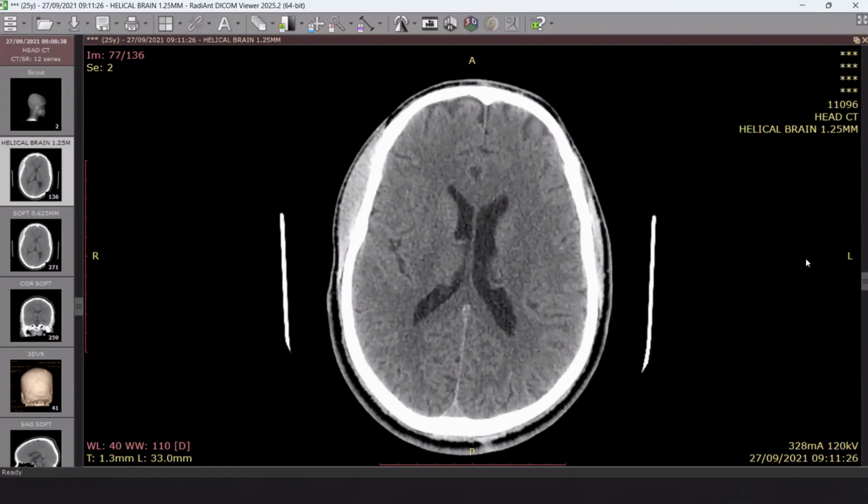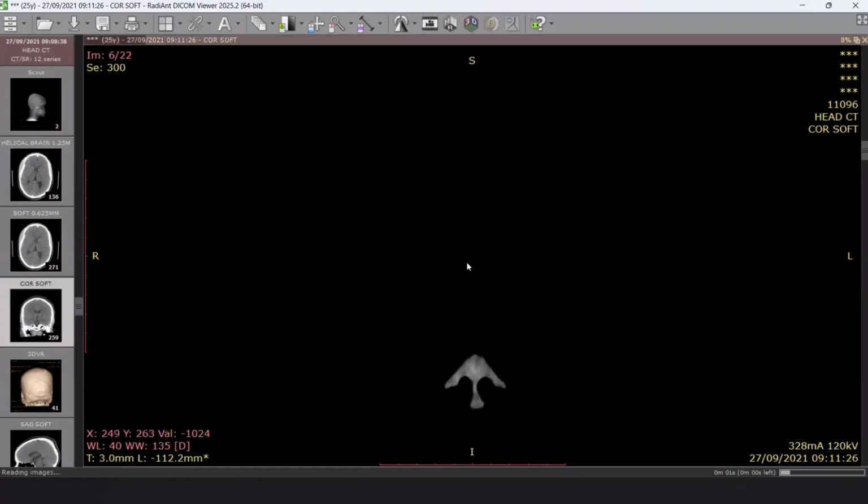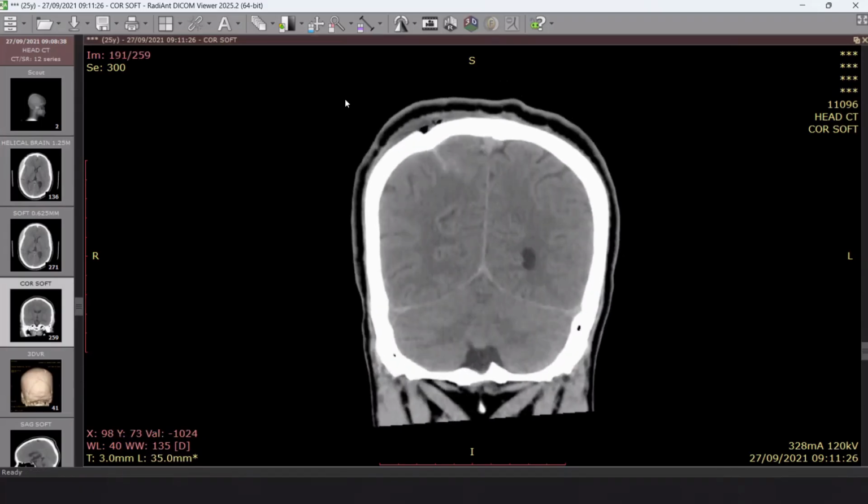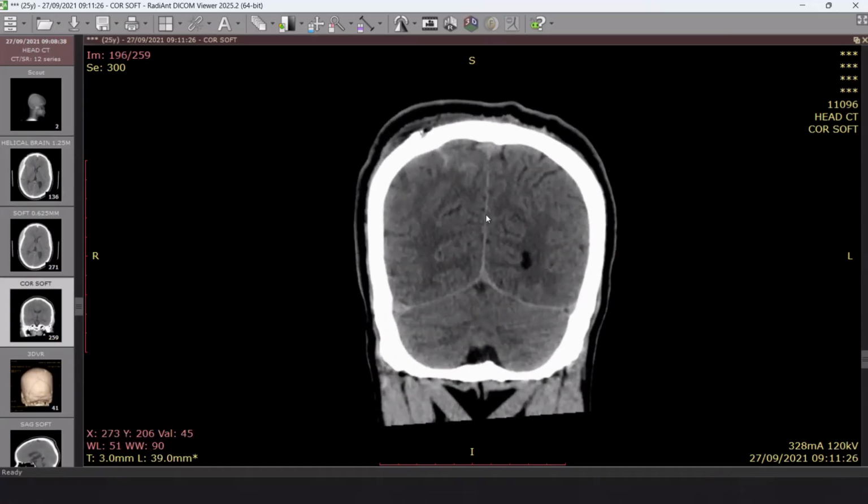Just I would like to show you the coronal. This is a coronal plane for the same lesion. Scroll as you like.